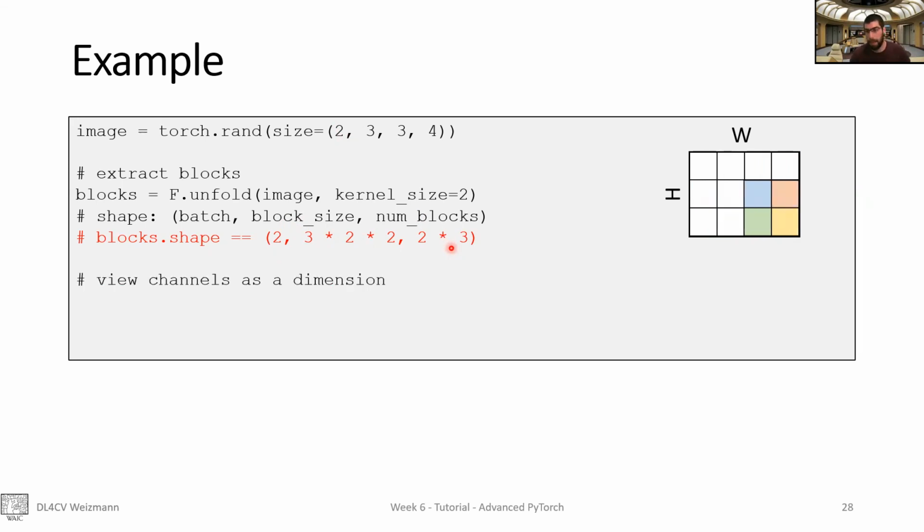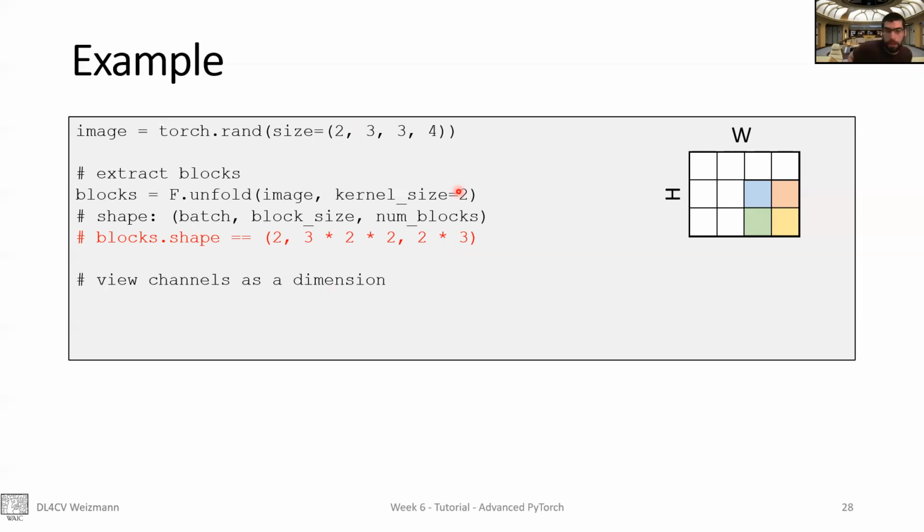What is the 3 by 2 by 2? This is the number of channels multiplied by the kernel size. This is the block size, as we've seen in the previous slide. What I see here, W by H, is only one image, right? Yes, exactly.